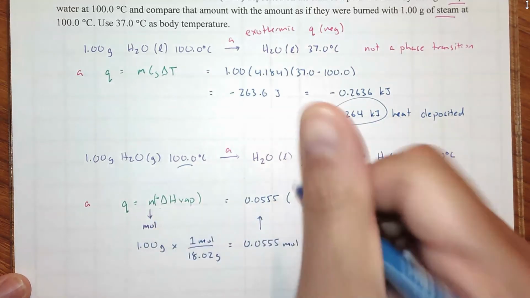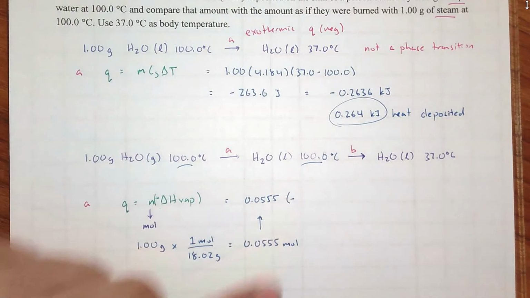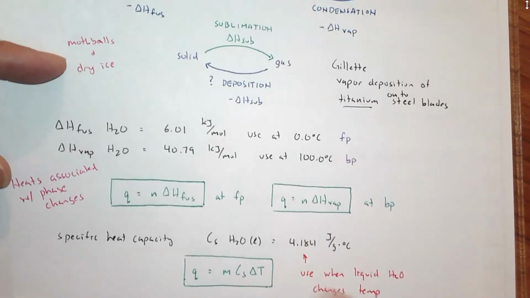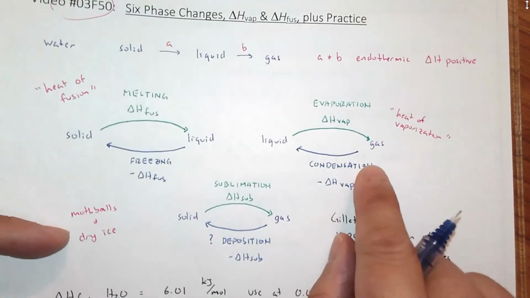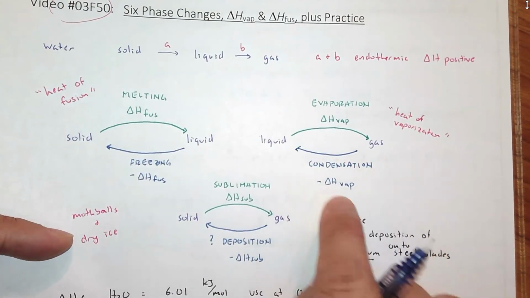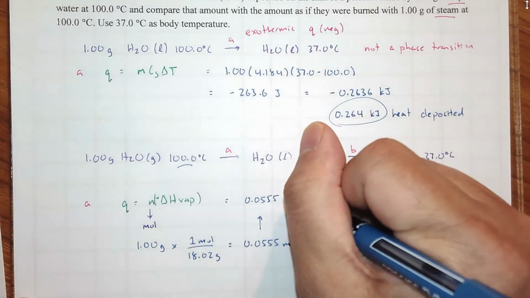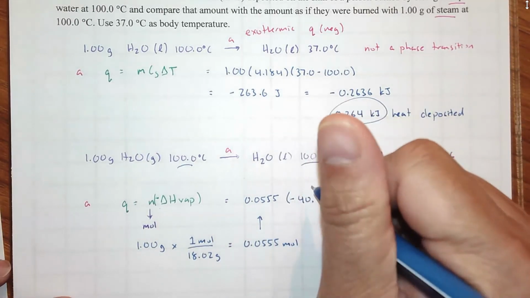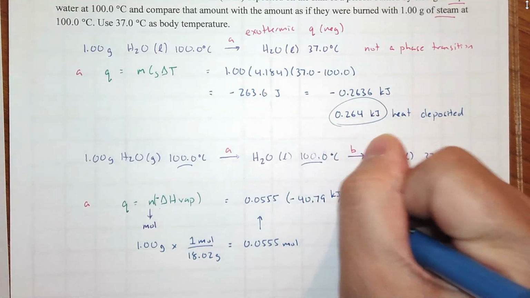The delta H vap of water at 100 degrees Celsius is 40.79. But since we're going from gas to liquid, we're using the negative. That makes sense. It's exothermic. 40.79, and this is already in kilojoules per mole.